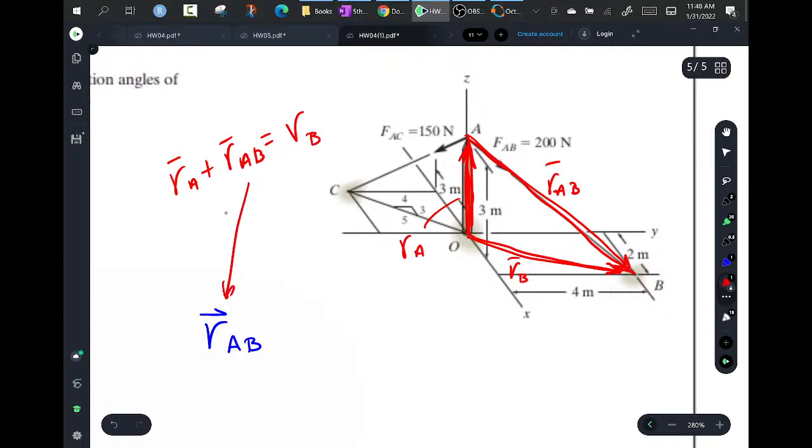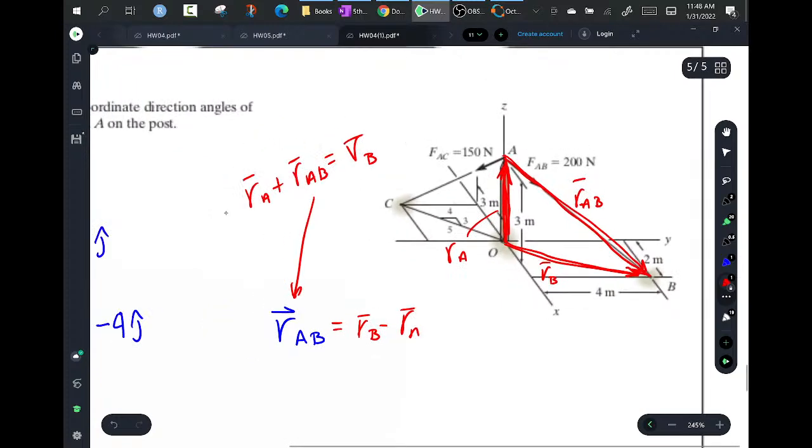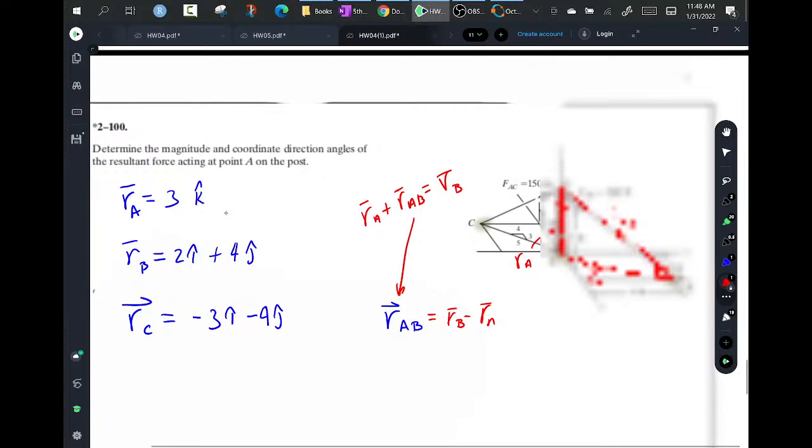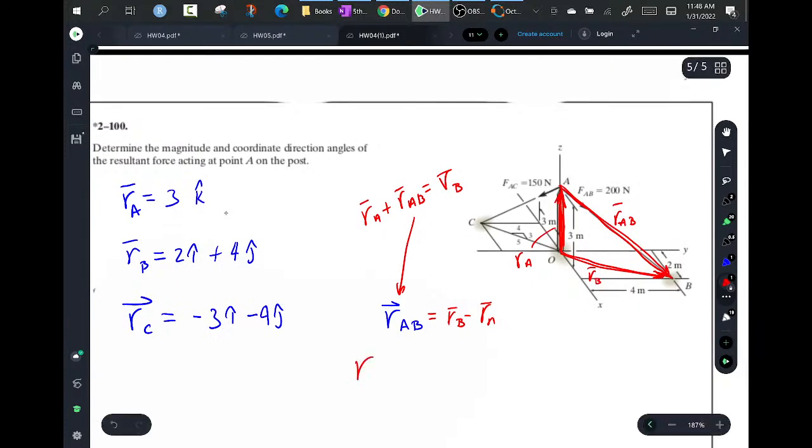So now I want to know that, so what I do is take RB minus RA. I can just glance back at these and say, take RB minus RA. Here's A, RB, this one, minus that one.